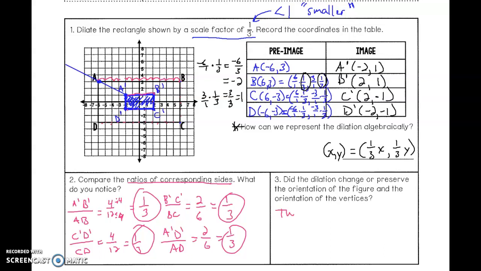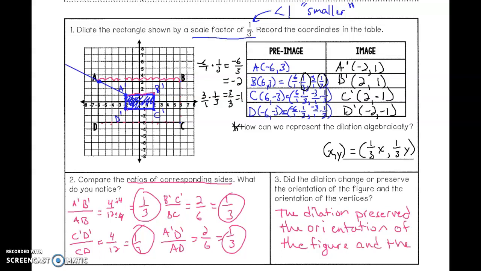Well, the dilation preserved the orientation of the figure and the vertices, both. It's still pointing and facing in the same direction.